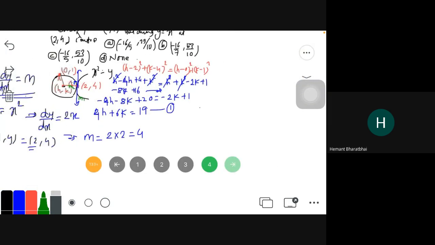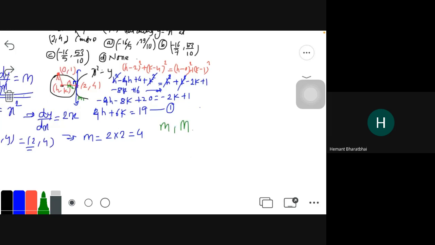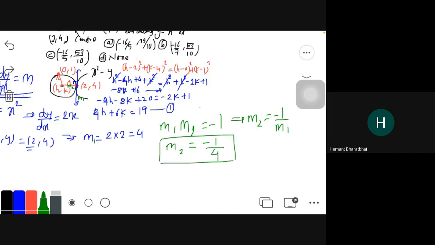This is the condition of perpendicular lines. Therefore m2 is equal to minus 1 upon m1. I've got m1 as 4, so m2 is minus 1 by 4.